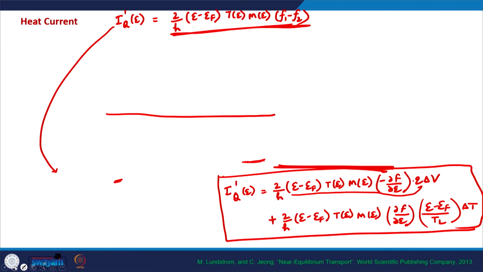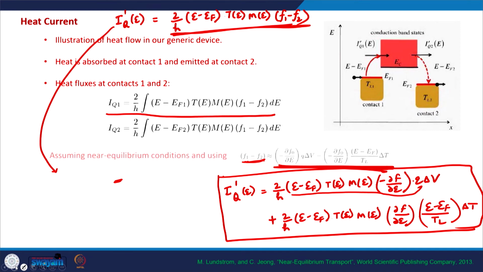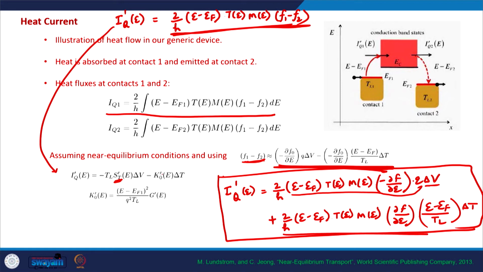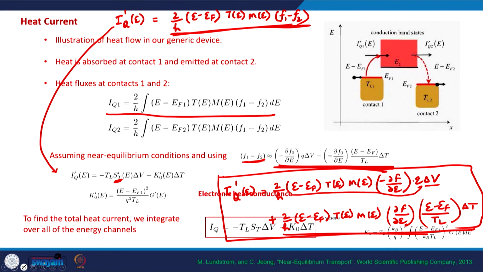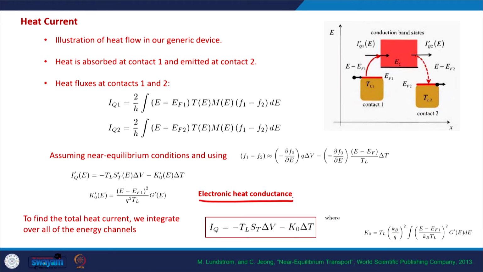So, this first term becomes essentially minus T L times S T prime times delta V, and the second term becomes K naught prime E times delta T, where this K is now known as the electronic heat conductance, and this K naught is known as the electronic heat conductance coefficient.